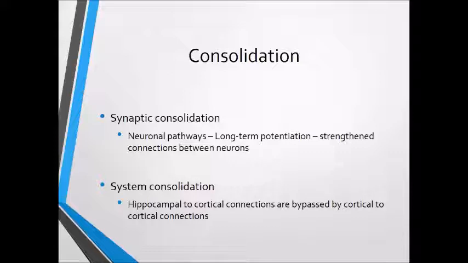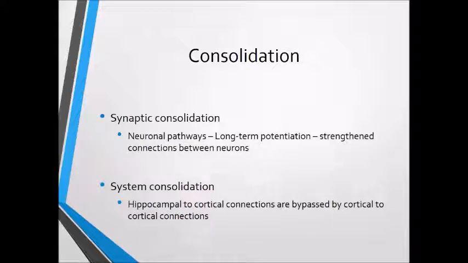One is based on long-term potentiation, which is where the neurons that make up that particular path for that memory get strengthened. And so they fire more quickly. There's more dendrites and synapses wired in together for a really strong connection.